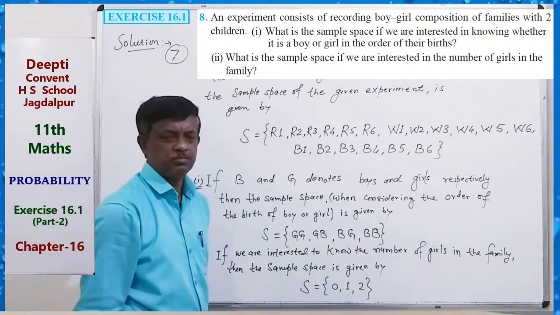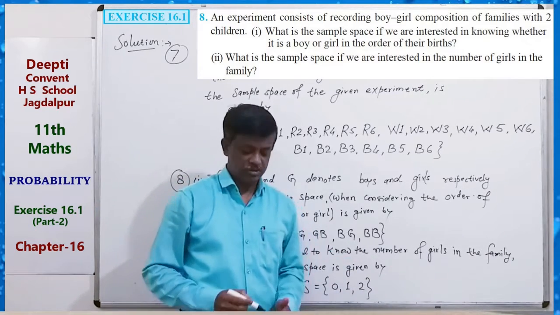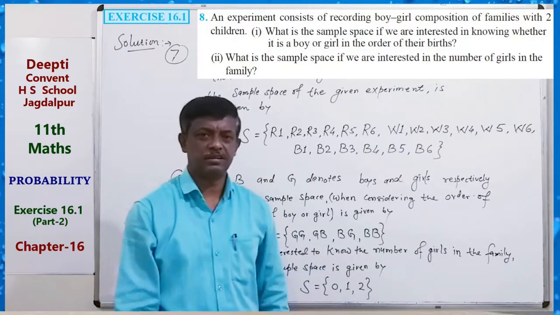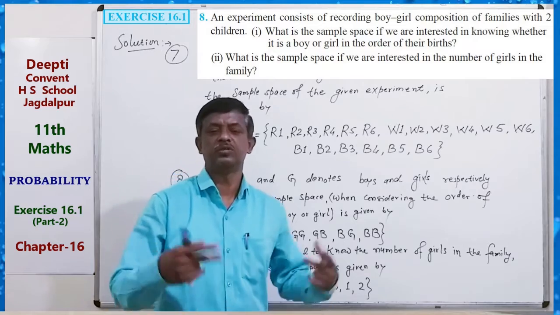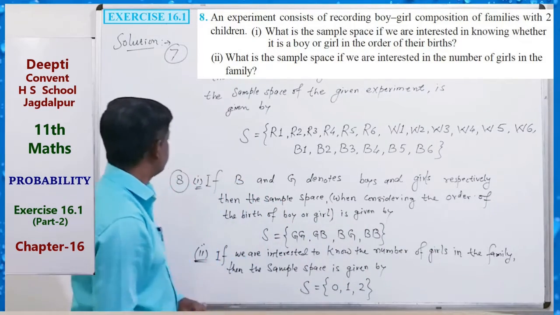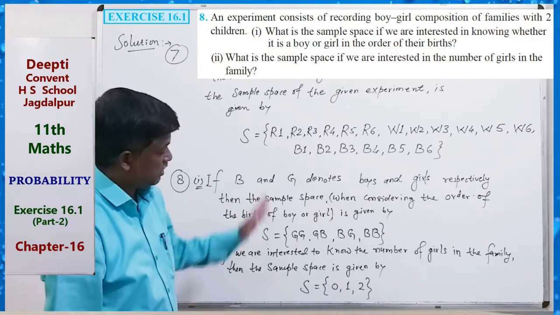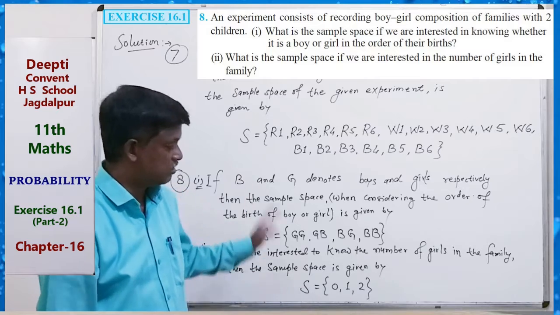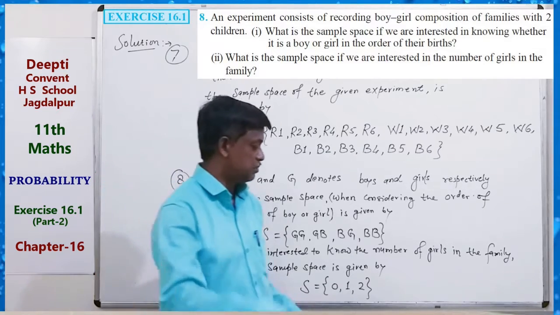Number of girls, maybe 0, 1 or 2. This will be the sample space. The sample space is a set of numbers: 0 girl, 1 girl, 2 girls, for one family having 2 children. That's all.